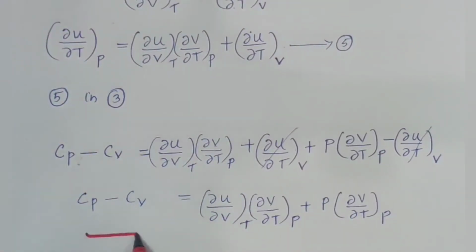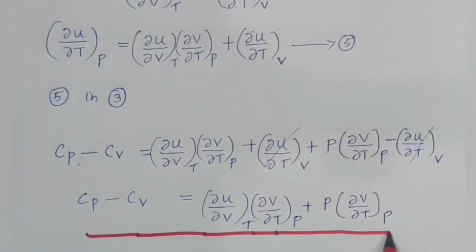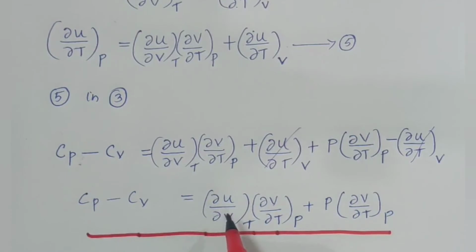This is our final equation, that is Cp minus Cv is equal to (∂U/∂V)_T (∂V/∂T)_P plus pressure into (∂V/∂T)_P.